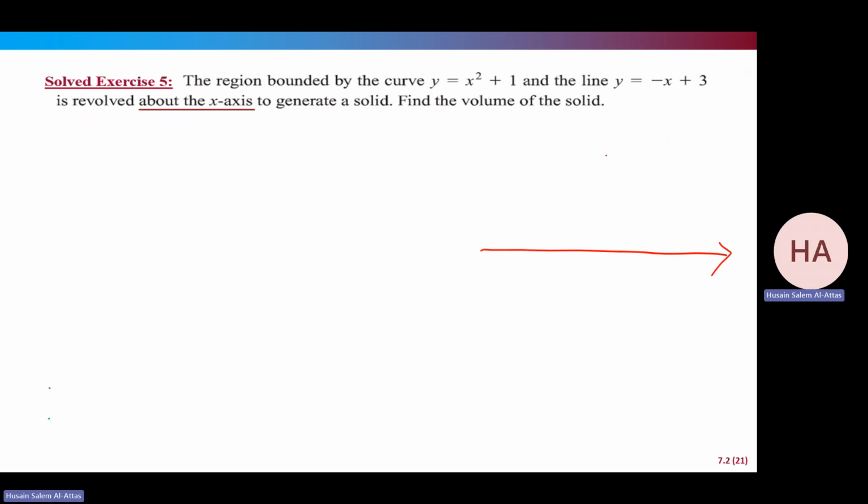Let's see the width here. I have the line. The line at x equals 0 is 3. That will be 3. And the same thing here, 3. I don't care about this, but it will be something like this.